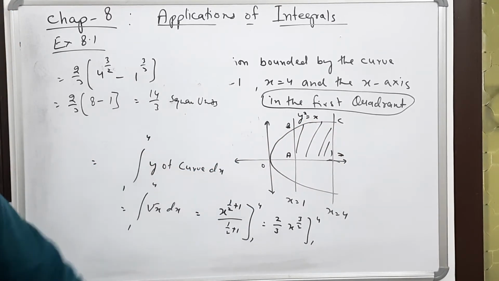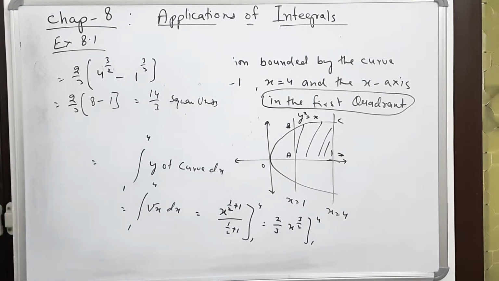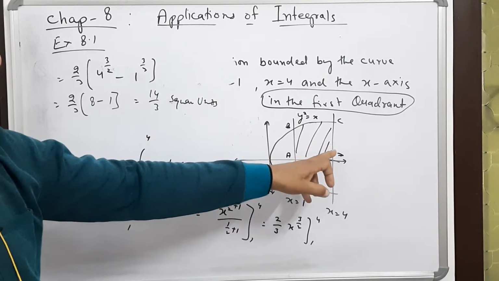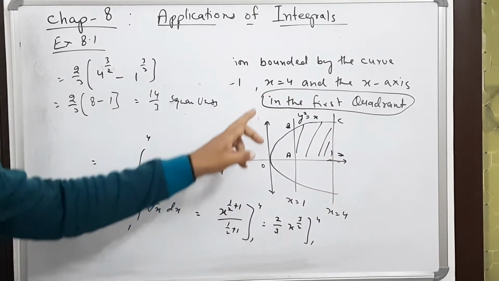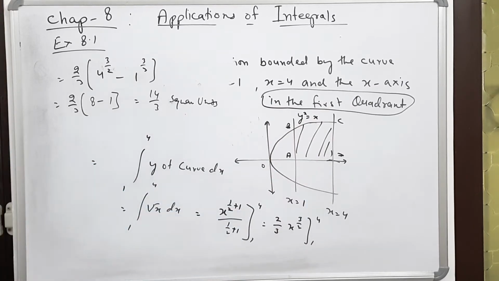So in this way we can find the area of the region bounded by the curve, x equals 1, x equals 4 and the x-axis in the first quadrant. And once more, if first quadrant is not written, then we multiply this part by 2. I am taking one more problem to make things more clear.